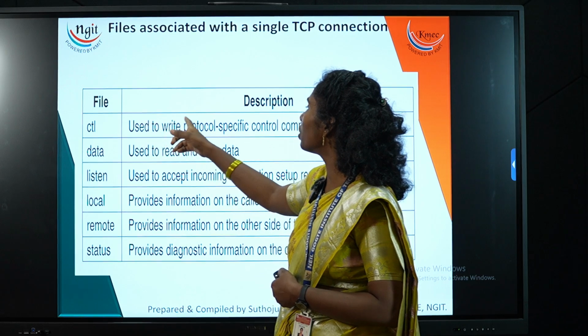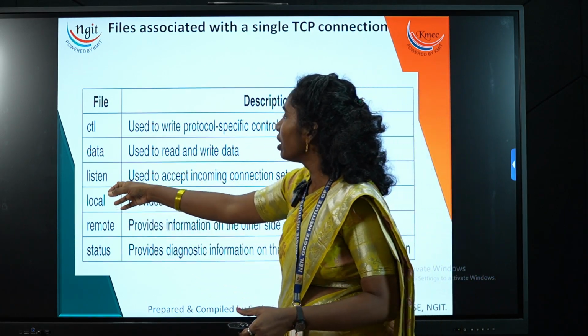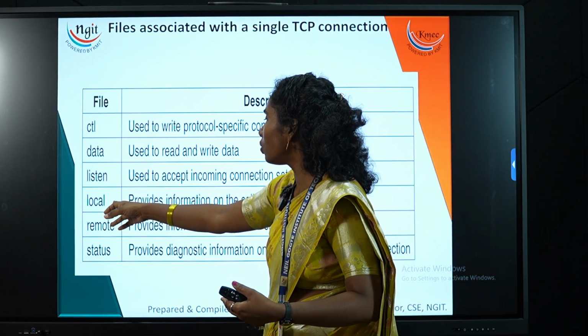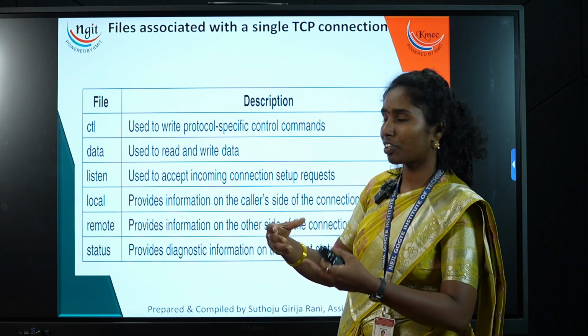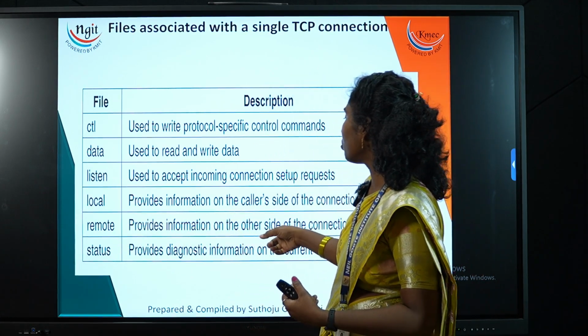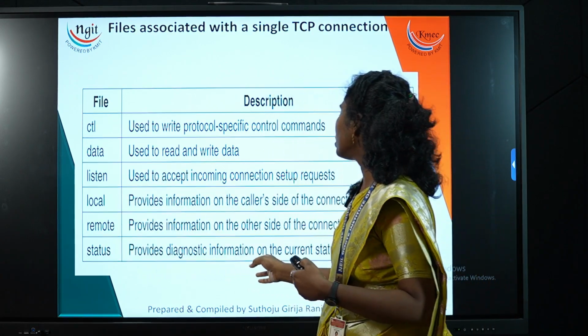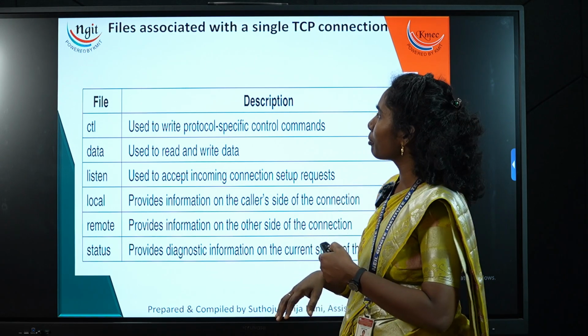Control is about controlling the commands, and data is about the file data. Listen is to accept incoming and outgoing requests. Local provides information about who is asking for the data. Remote is the other side to whom we are sending the data. Status is about the file status, the current status, who read it. So all this information.